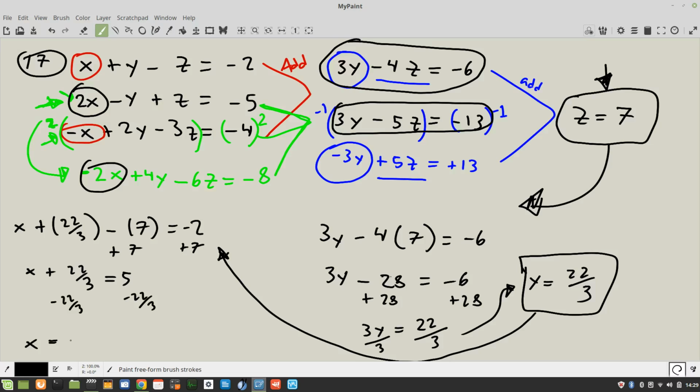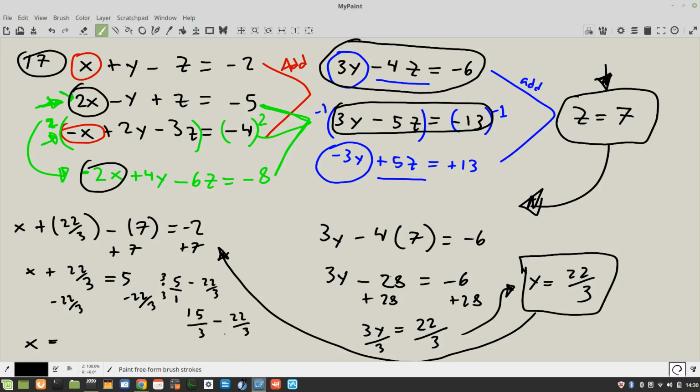What is this? Is it 5 minus 22 thirds? To be able to do this, we have to find the common denominator. I'm just gonna multiply this one by 3. So it's gonna be 15 divided by 3 minus 22 divided by 3.